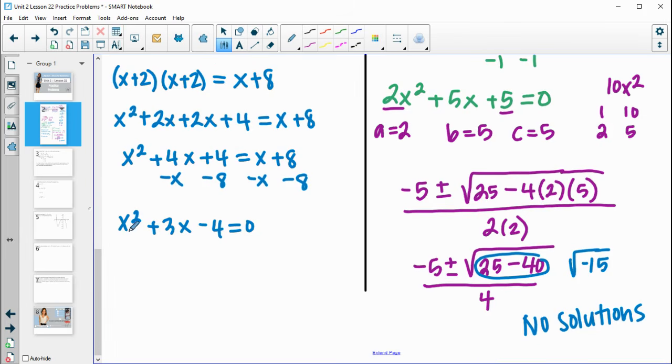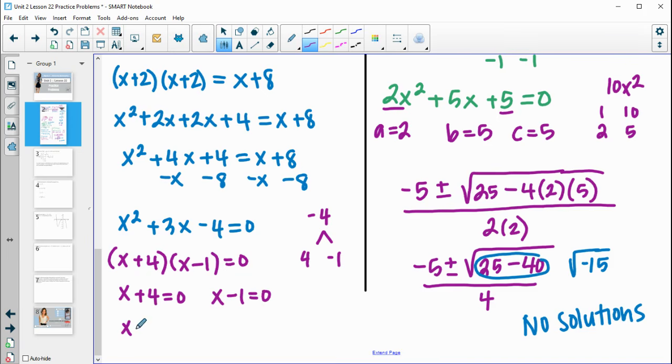So then we'll check if this is factorable. So we've got a 1 here. So we're just going to look at the factors of -4 that add to +3. And so 4 and -1 will do that. So then this is going to factor to x plus 4, x minus 1. So then we would take each of these and set them equal to 0.